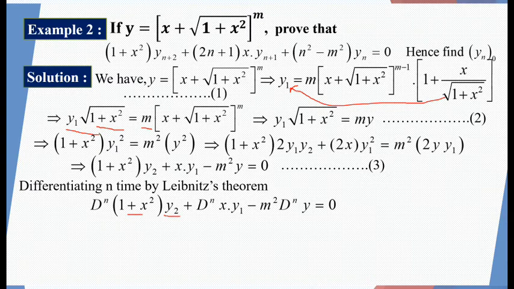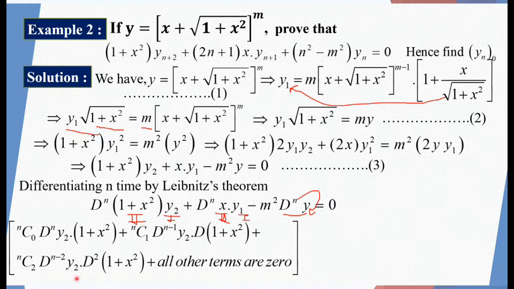So this 1 plus x square will vanish easily, so we can take it second, and this y2 as first. Same as here, this x will be second and this will be first, and this is the only function, so this n will come into the suffix of y.